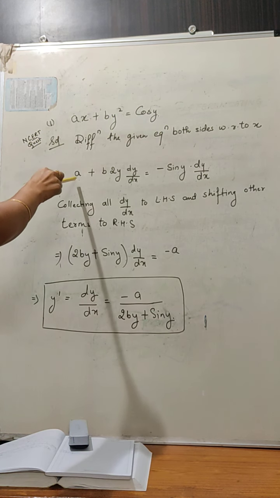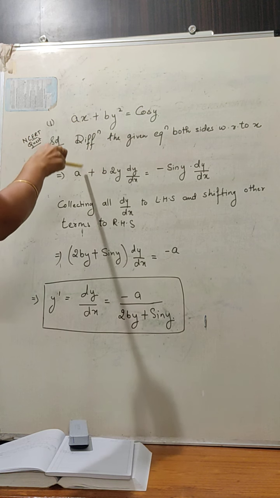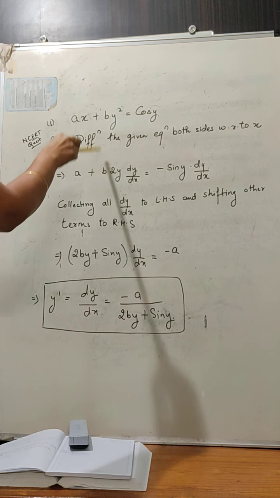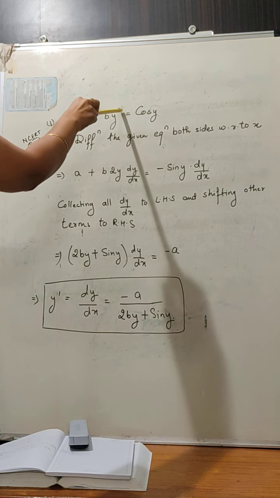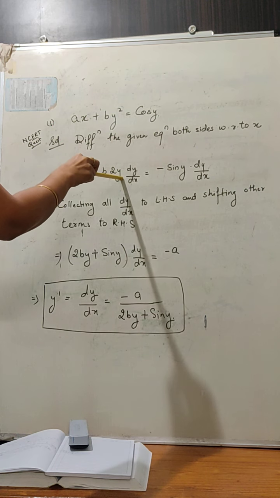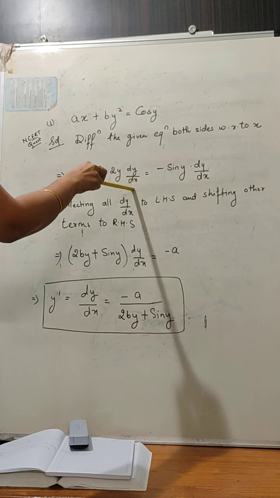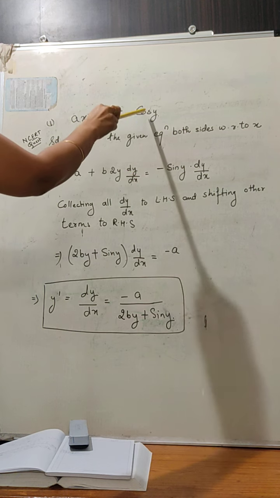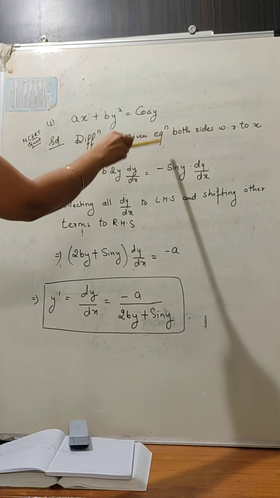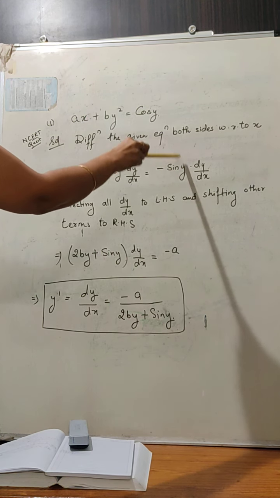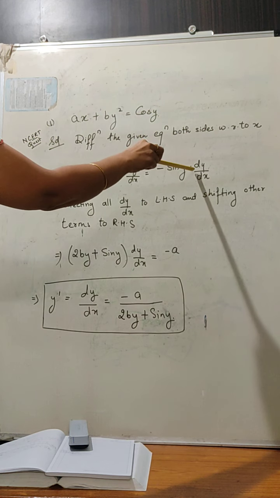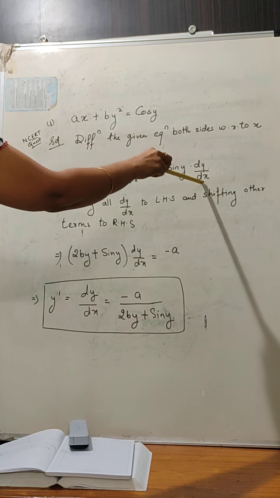So we get dx by dx, which is 1, plus b y square written as 2by into dy by dx, equal to the differentiation of cos y, which is minus sin y, and since y has to be differentiated again, it will be dy by dx.